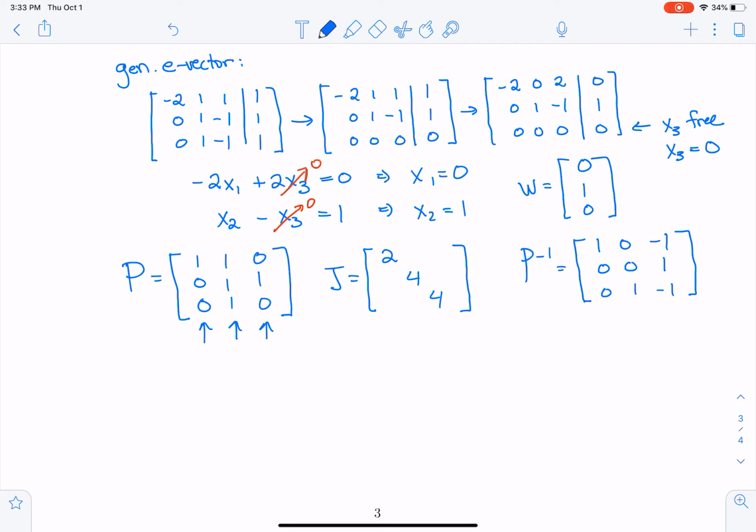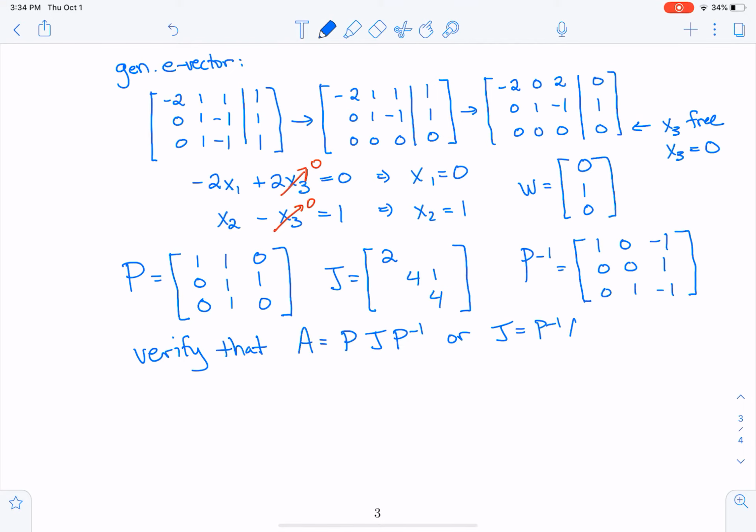And then there's going to be a 1 there in the middle between the 2 4s. So that'll be the Jordan canonical form. So I leave it up to you. You should verify that either A is equal to P J P inverse, or that J is equal to P inverse A P, whichever you like.